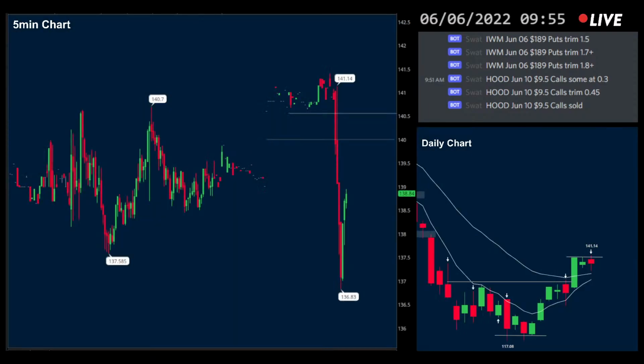Boeing trying to bounce from the lows. Market really all over the place.